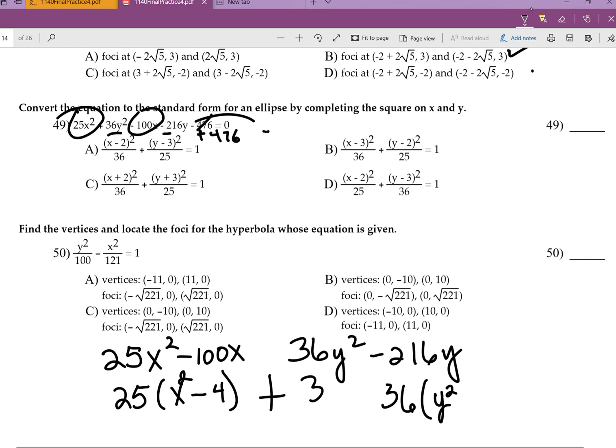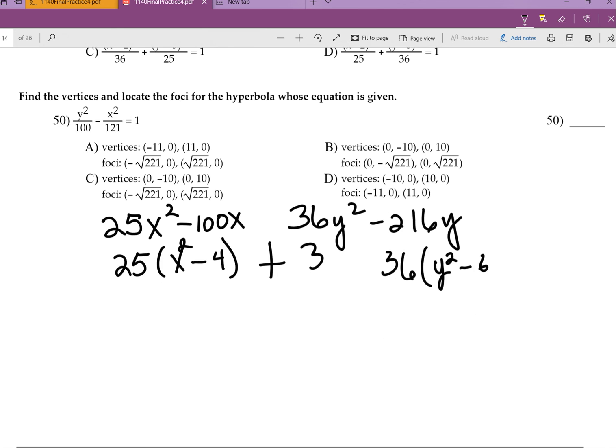And you're left with y squared minus 6. Right, 216 is divisible by 36. And so to complete the square, we need to keep in mind that we're going to take half of the middle term. So half of the 4 squared is 4, so plus 4.